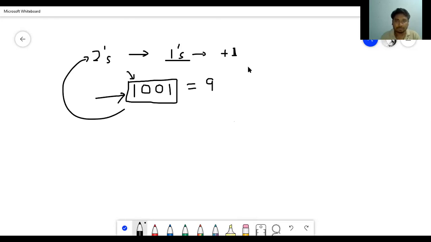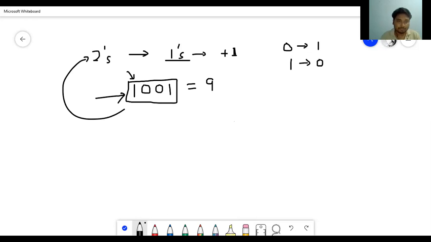Suppose I have a 0, the next number will be 1. If my original number is 0, the 1's complement of 0 is 1. If my number is 1, the 1's complement of 1 is 0. Got it? That means it flips to the opposite number.